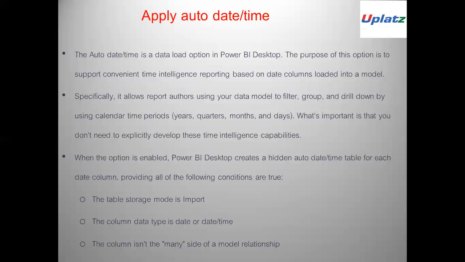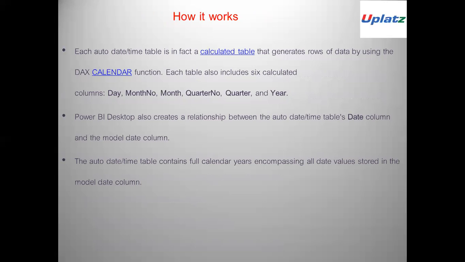How it works. The Power BI analytical engine tries to create an auto date table for each date column present in our model. But how exactly it is created, we are going to see in this slide.